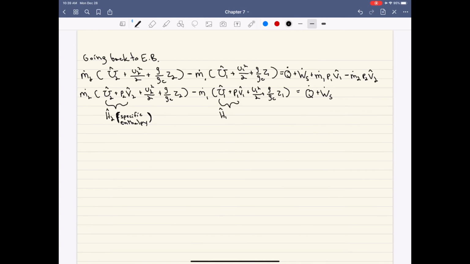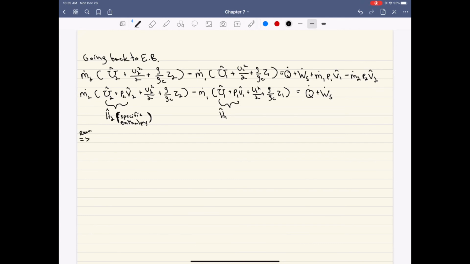Now that I have this enthalpy term in our equation, I'm going to reorganize the left-hand side so that I combine all the enthalpy terms into one parentheses, all the kinetic energy terms into another parentheses, and all the potential energy terms into another parentheses. I'll multiply out the mass flow rates across the parentheses, for both M2 and M1, and then group things in similar categories.